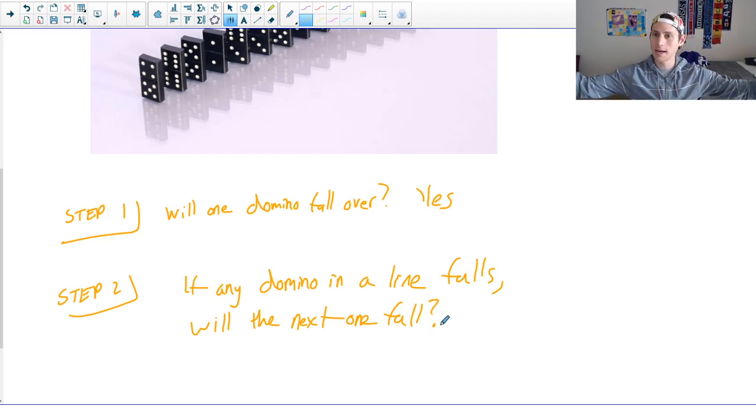If I have a line of dominoes and I pick out any single one of them, if I knock over that one, is the one after it going to fall down? Assuming this is a line of dominoes where they're all next to each other. Yeah, it will. That's how it works. If one domino falls over, the next one will fall over. You can test that if you want.